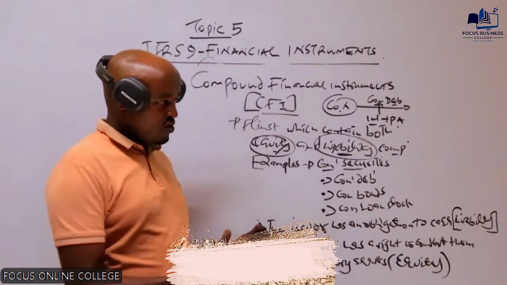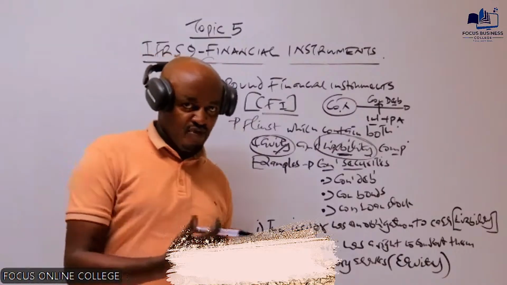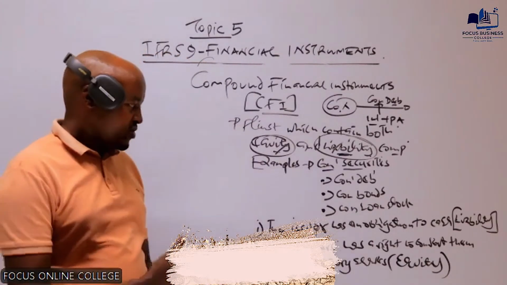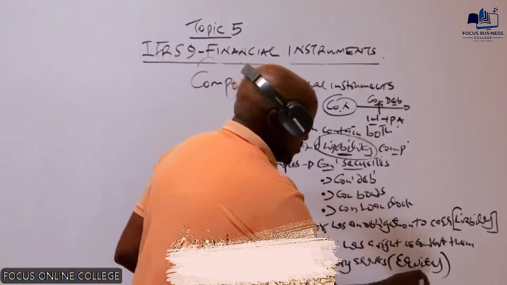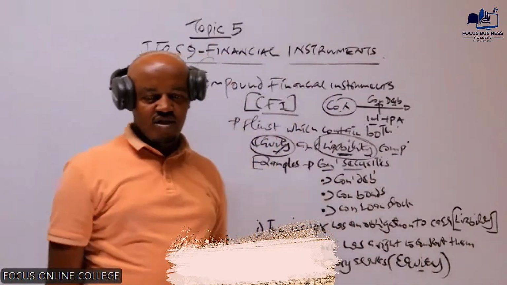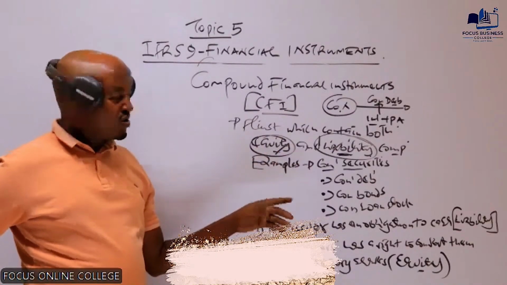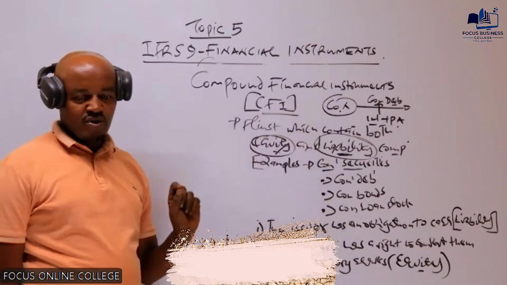We are saying you hold convertible debentures which you can convert into ordinary shares. So that right you have to convert those securities into ordinary shares is called equity. This is why we say that all convertible securities contain equity and liability components.